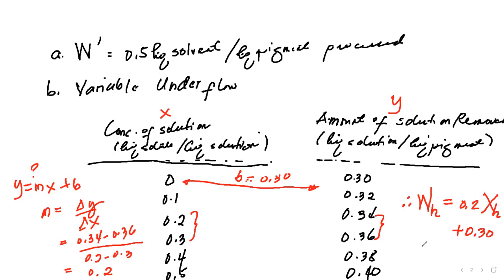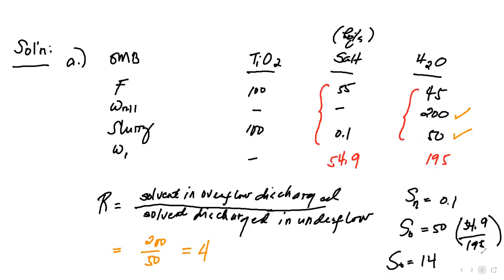This will be the formula that we will use in finding the amount of solution leaving each of our thickeners, because H here could be any thickener, based on the concentration of the solution in that particular thickener. I'll write this equation here so we will not have to go back. So for letter B, we're now on letter B.